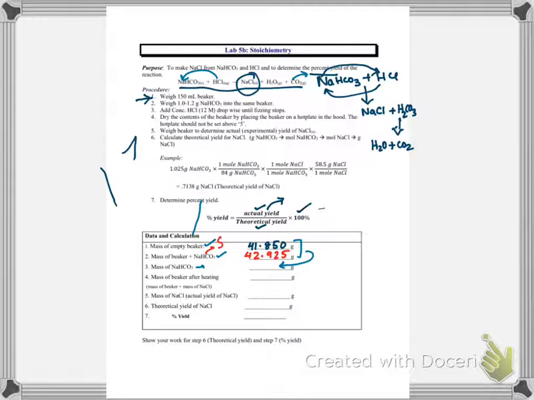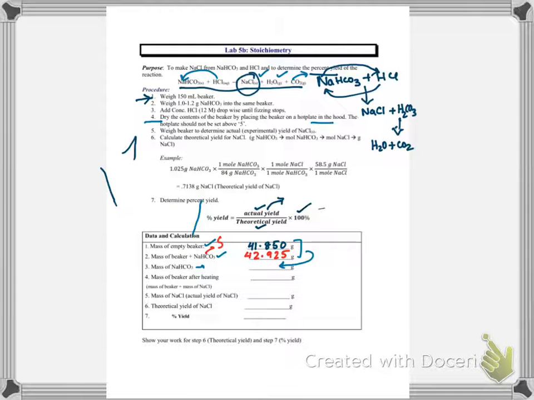Then what is left in the beaker? Sodium chloride and water. Then you dry the content of the beaker by placing it on the hot plate, and you keep heating it until all the water evaporates. You bring the beaker to room temperature and then you weigh the beaker again.